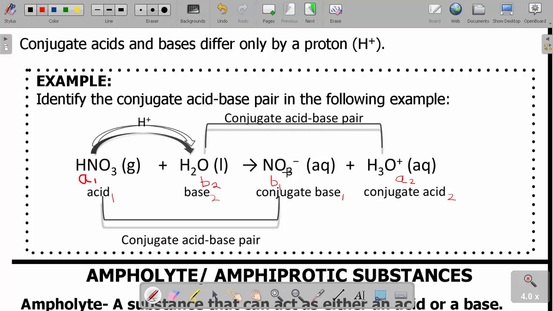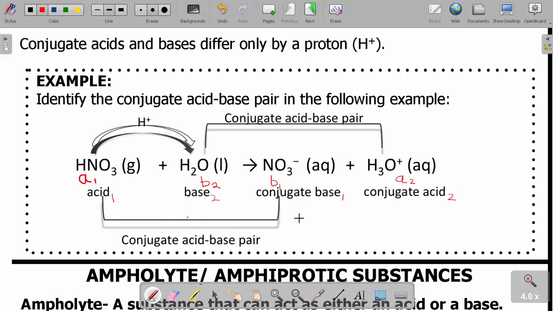So there are three ways of asking this question. They can say identify the conjugate acid-base pairs, you take A1 with B1, or A2 with B2. Or they can say identify the bases, you take B2 and B1, or identify the acids, you take A1 and A2. I hope we are together.